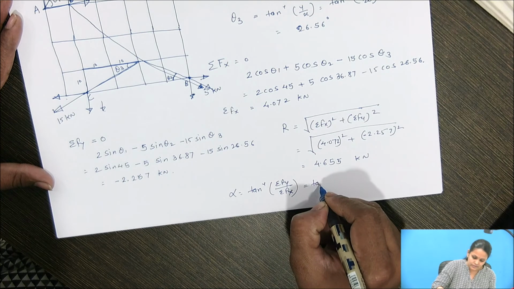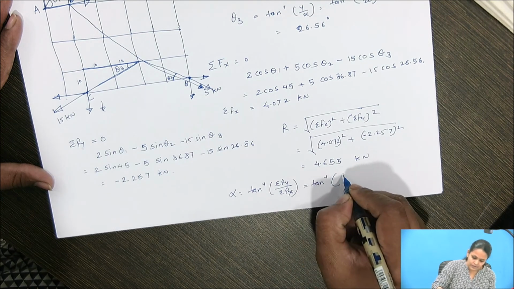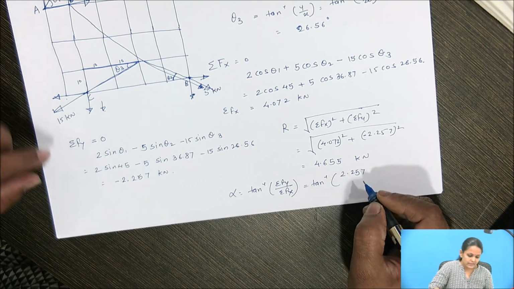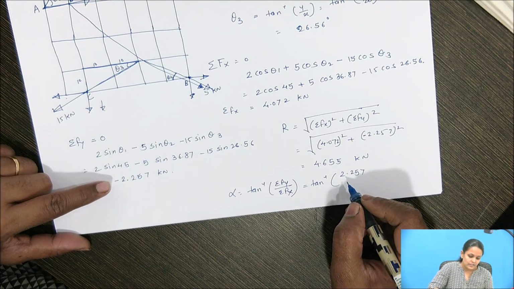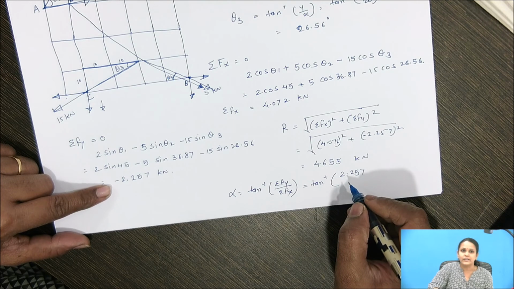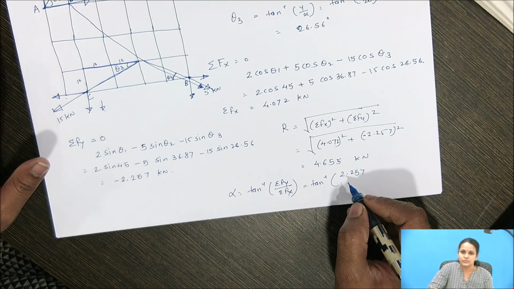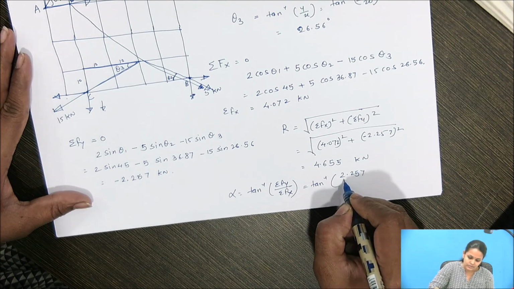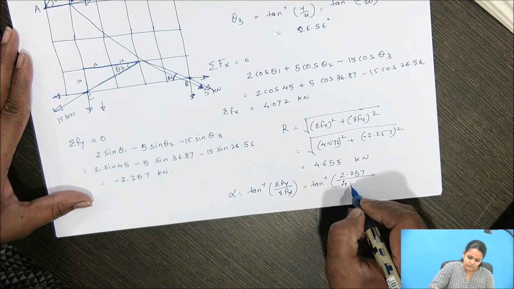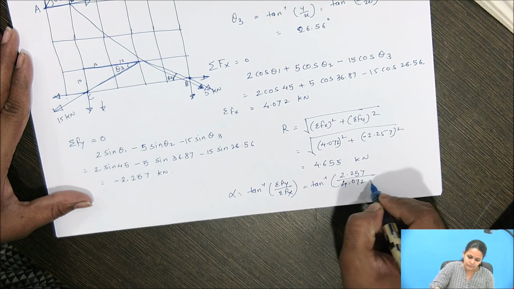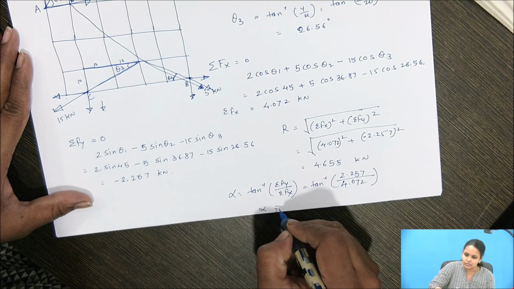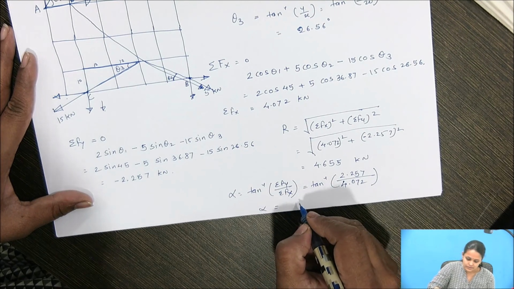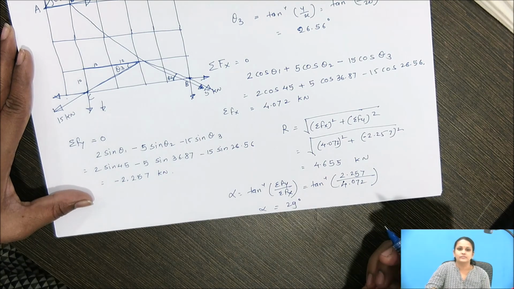So here it is tan inverse of summation f of y is 2.257. Here it is negative value, but we will not consider it because this negative value will indicate in which quadrant the resultant lies. Okay, so here it is 2.257 divided by 4.072. So you will get alpha is equal to 29 degree.